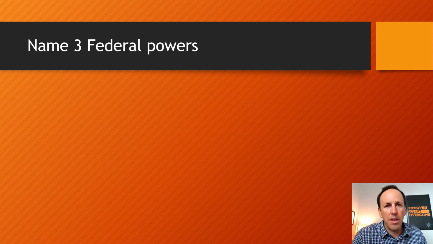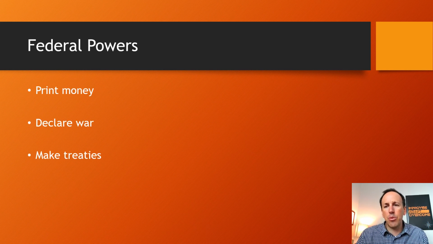The federal government runs the military. What else does the federal government do? They print your money. Take a look at your dollar bill. If it says dollar bill of Florida on it, that ain't real. It needs to say USA to be a real dollar bill. And then they can make treaties with countries, and trade agreements and things like that.